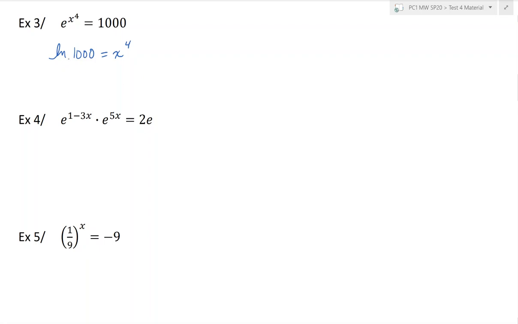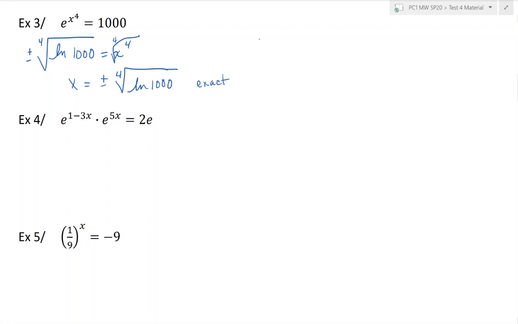So now to solve for x, I'm going to take the 4th root of that, and I get x equals, don't forget your plus minus, x equals plus or minus the 4th root of the natural log of 1,000, and that's our exact answer.